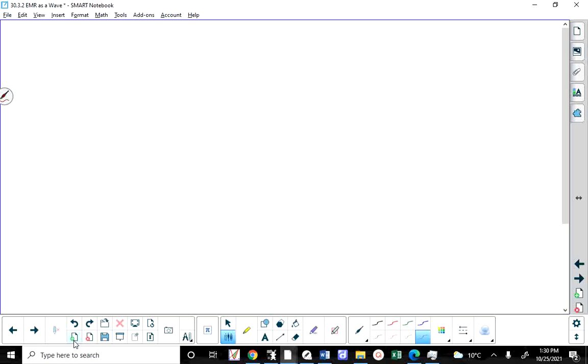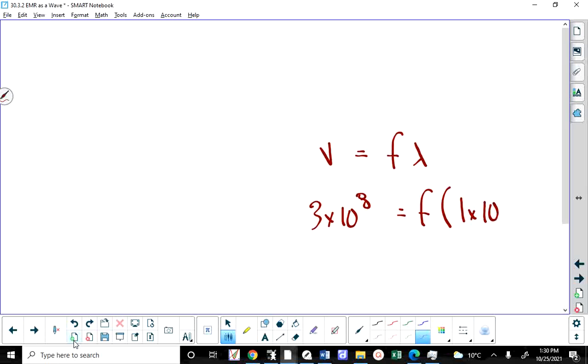We can calculate a typical frequency for X-rays. We would take the speed of light and divide by my typical wavelength. Correct me if I'm wrong. Three times 10 to the 18.